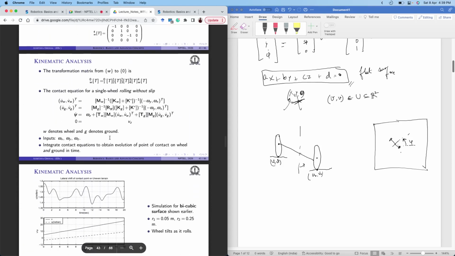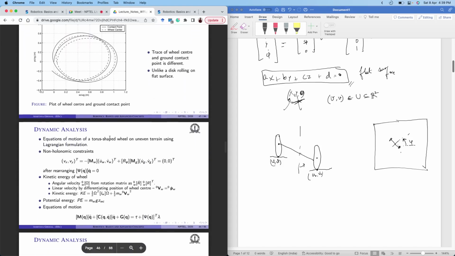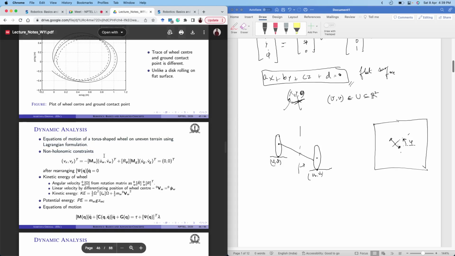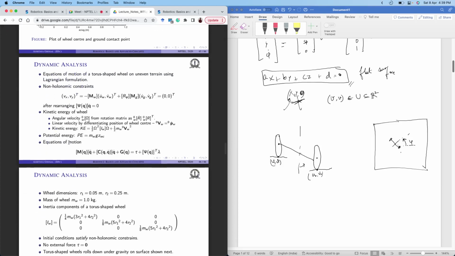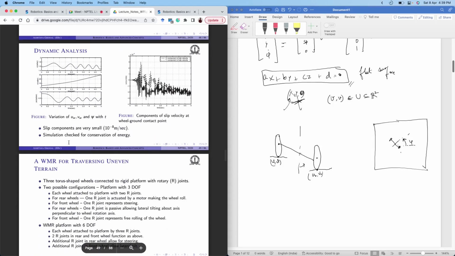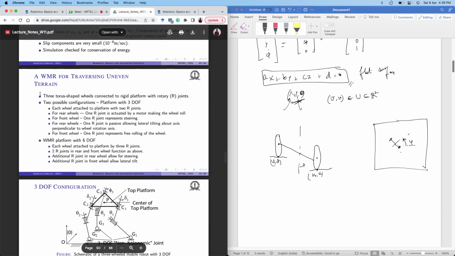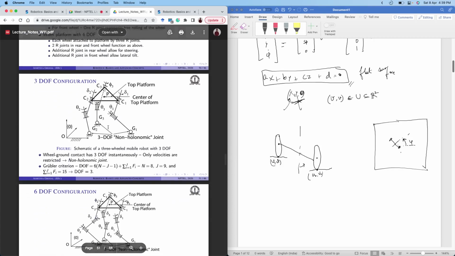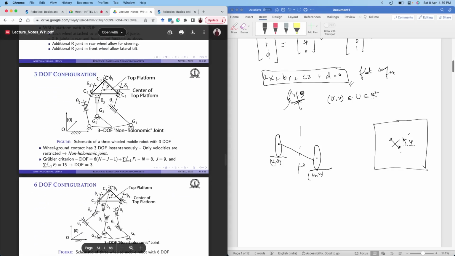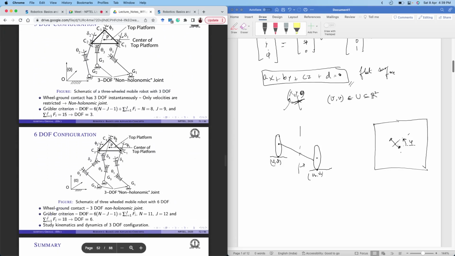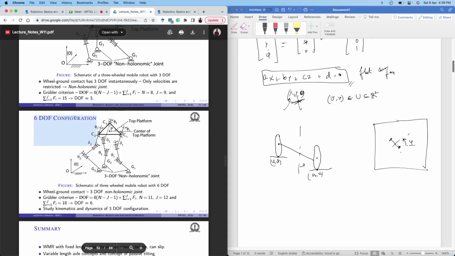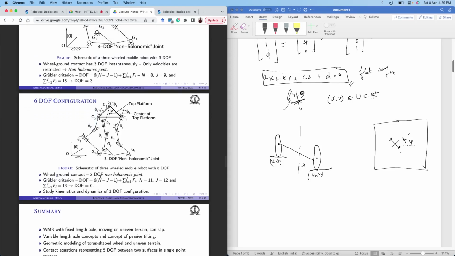So after the kinematic analysis, the lecture shifts to dynamic analysis of WMRs on uneven terrain. You can go through this, and it will all be apparent once you see the lecture. Then again there is a 3D configuration for a three-wheeled mobile robot with 3 degrees of freedom. And if it has more degrees of freedom, then you can go with more complicated models.